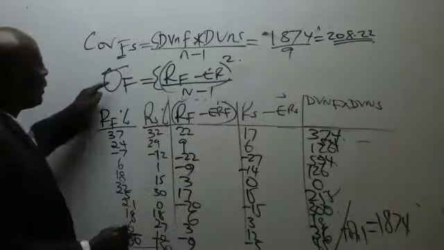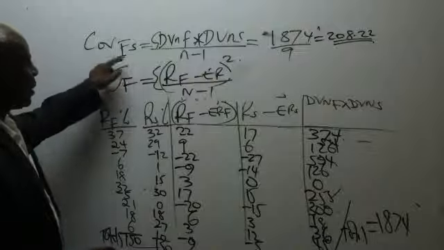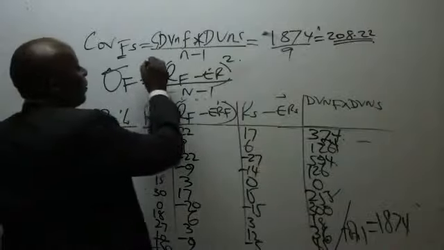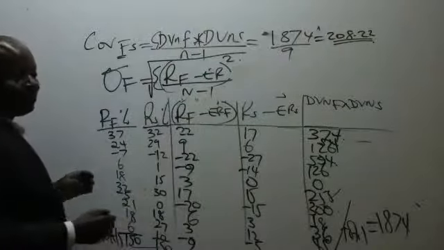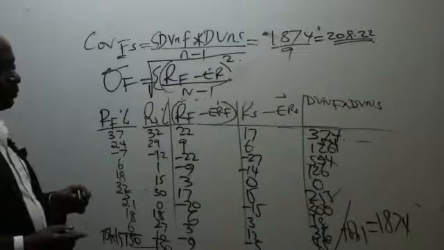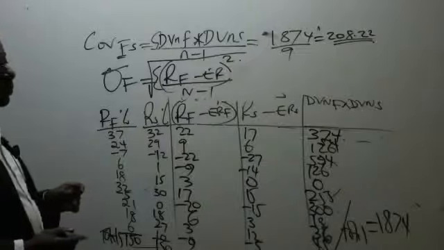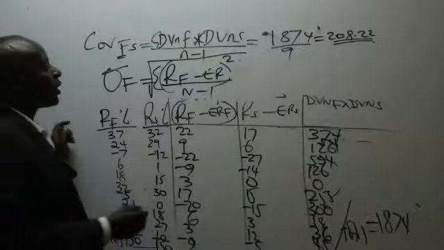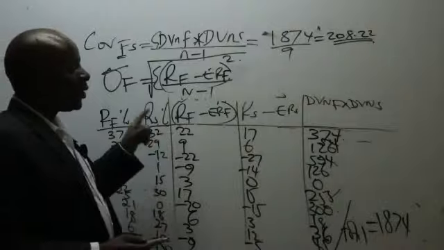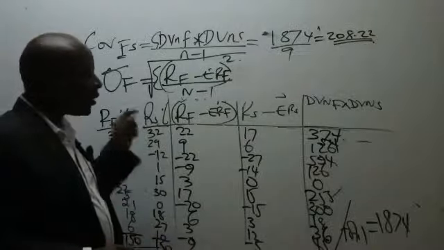And because this time around they don't want sigma squared, they want just the standard deviation, it means I have to take a square root. Take the deviations that you have here, and then you square them, and then you add them.